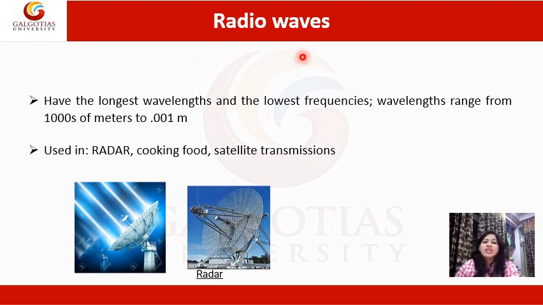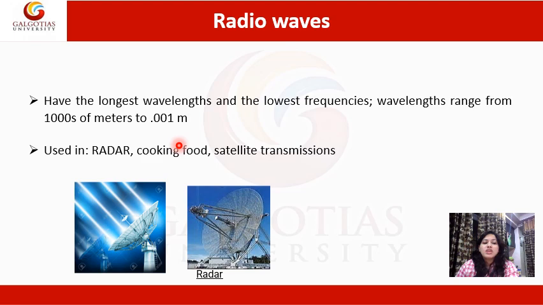Radio waves in the electromagnetic spectrum have the longest wavelength and lowest frequency. Wavelength ranges from thousands of meters to 0.001 meter. Radio waves are used to transmit information from the antenna of the broadcasting station to the antenna of your radio or TV.